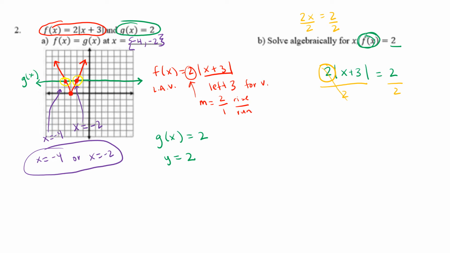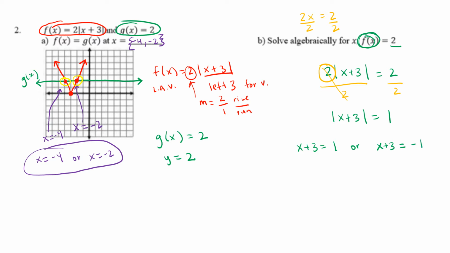These 2's reduce with each other, cancel out, and we're left with absolute value of x plus 3 equals 2 divided by 2 is 1. Now we have isolated our absolute value, and to get rid of the absolute value, this is when we break it into our two different equations. The first one is x plus 3 equals +1, or still x plus 3, but now it equals -1.